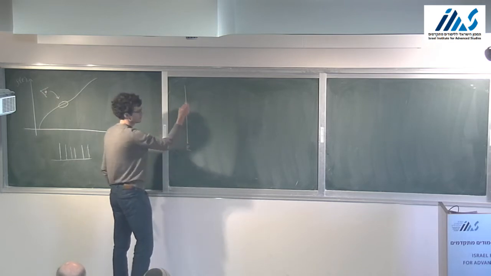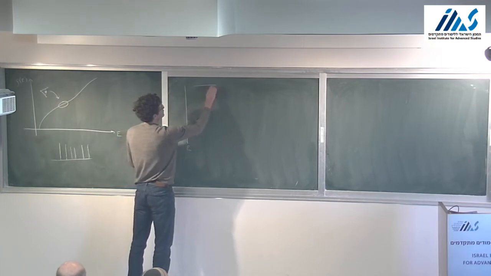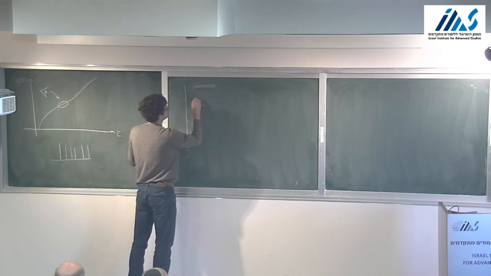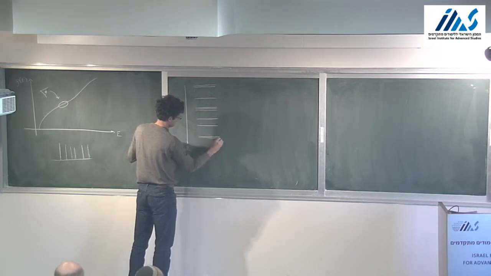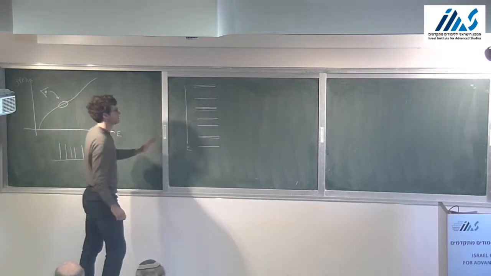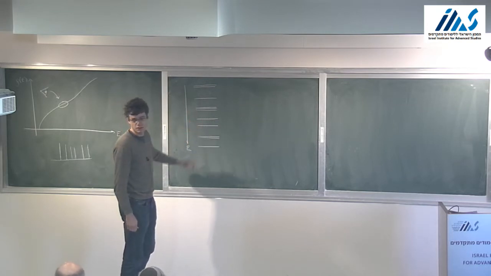And you just throw darts at the interval, so you pick uniformly distributed random numbers. Those will give a set of energy levels that might look something like this. The statistics that corresponds to this is known as Poisson statistics.